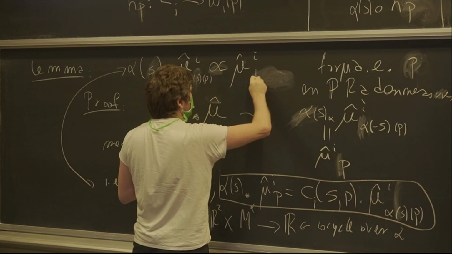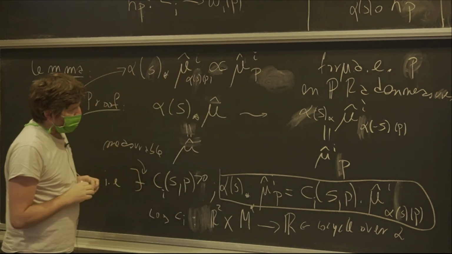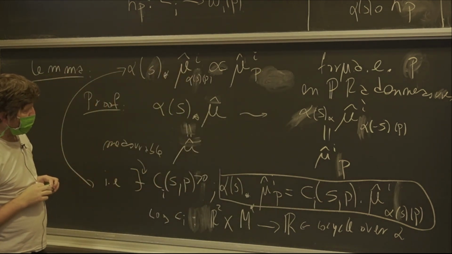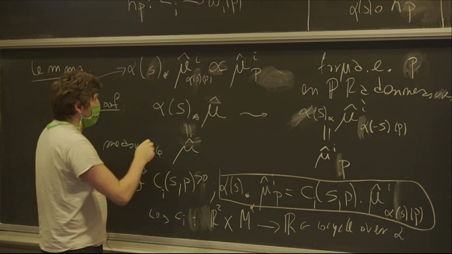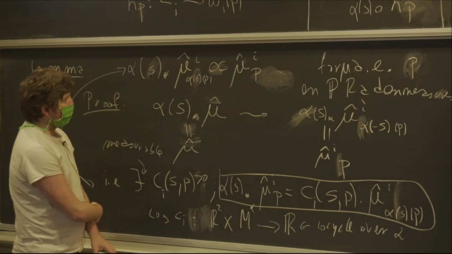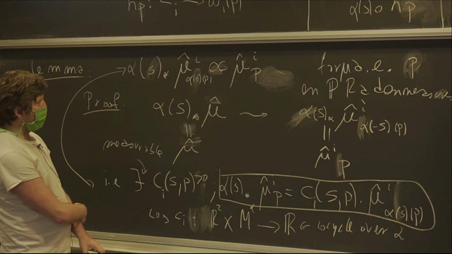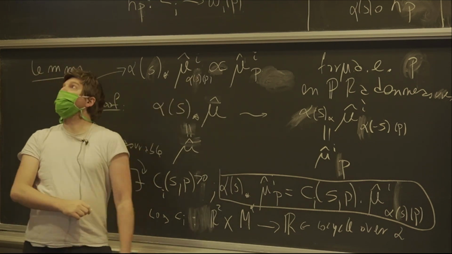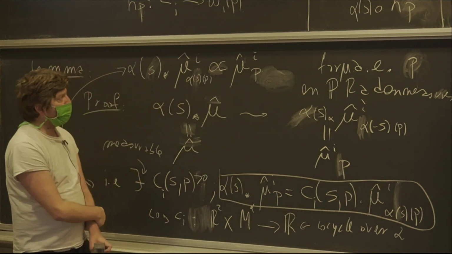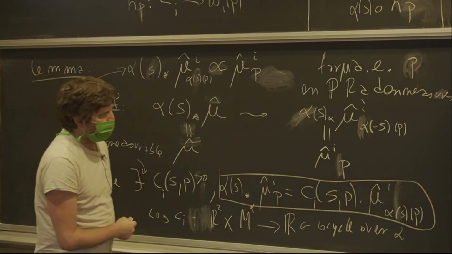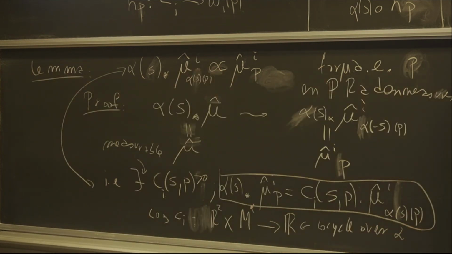No, I think it's correct. I think you're pushing forward using alpha S inverse. No, I think it was. Okay. So let's see the picture. Let's say it again. If I have this alpha S from here to here, measures go back. So if I have a measure here, I'm allowed to define a measure there.